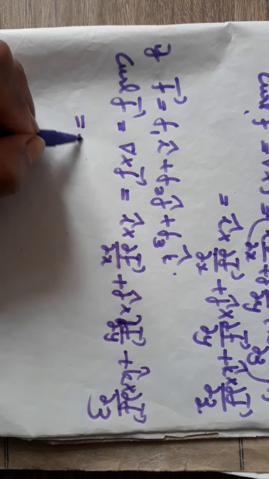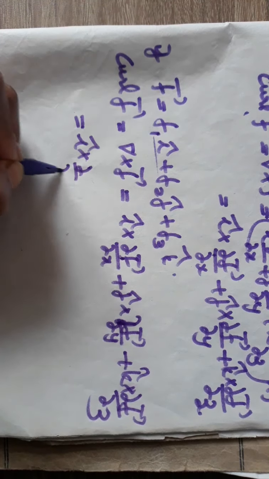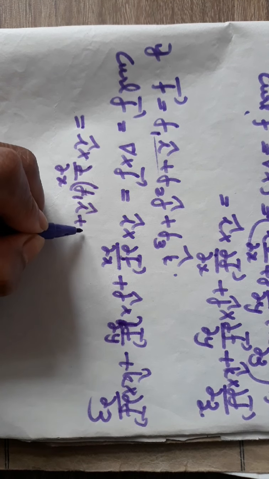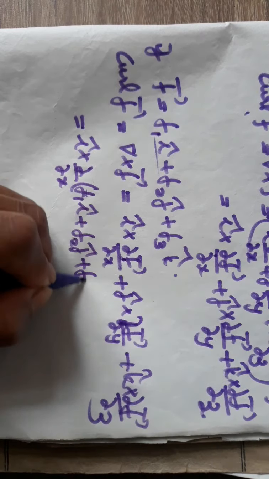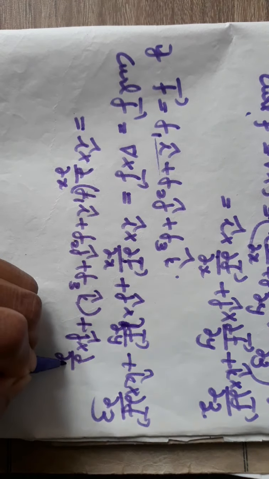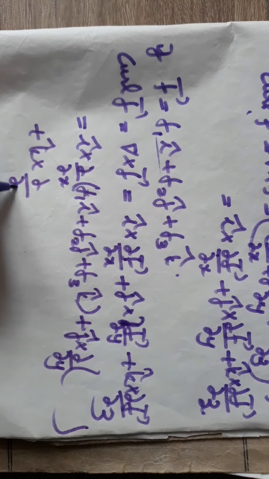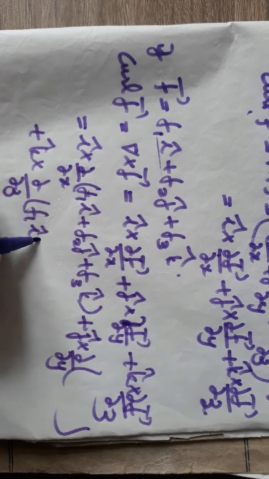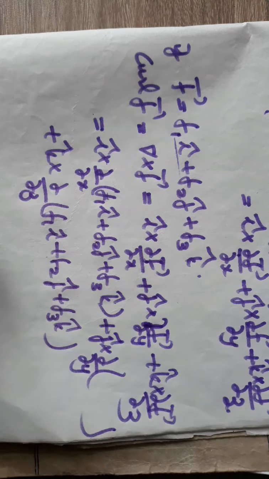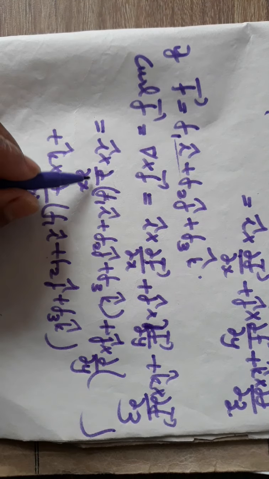This is the same as i cross del/del x of (f1 i plus f2 j plus f3 k) plus j cross del/del y of this, plus k cross del/del z of f1 i plus f2 j plus f3 k.